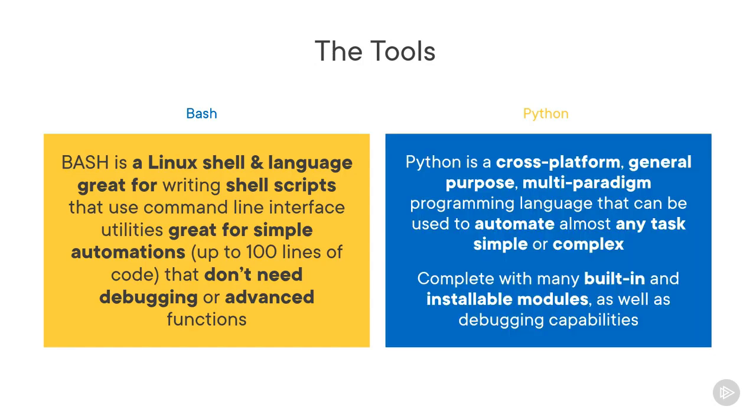Python, on the other hand, is a cross-platform, general-purpose, multi-paradigm programming language. And it can be used to automate any simple tasks or even complex tasks. It's widely used in many environments for many things. Now, Python comes with built-in functions and modules, and it has additional modules that you can go ahead and add to get the functionality that you may need.